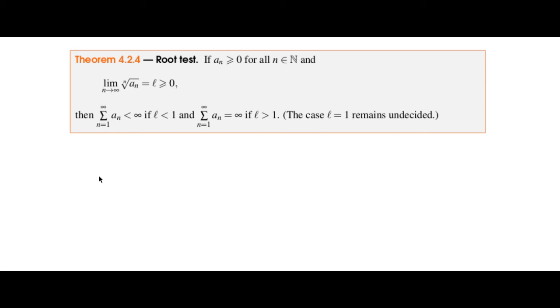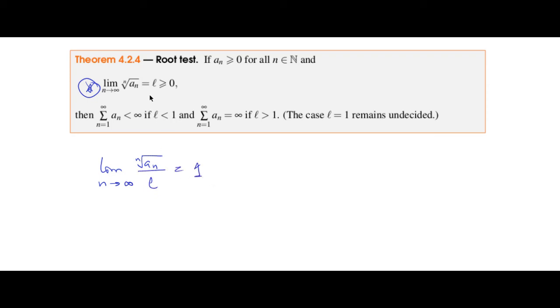This is using the limit comparison test. If the limit of this is true, then we can say the limit when n goes to infinity of the nth root of a sub n divided by L is 1, right?